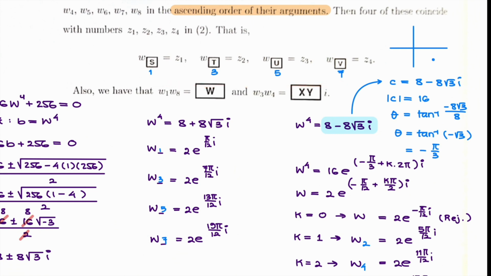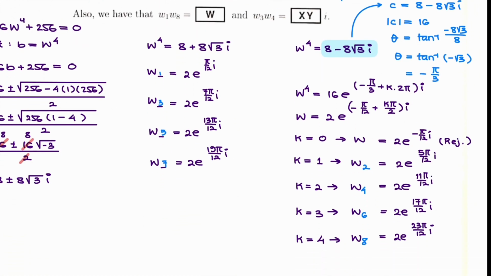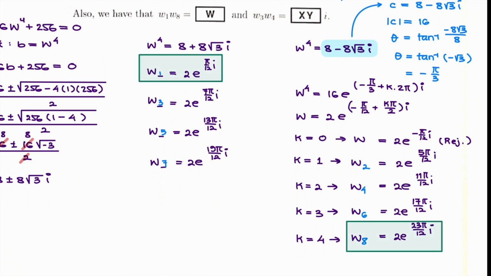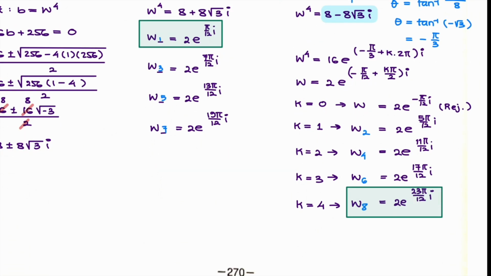And then for the final question, we have that W1 times W8 equals something. Since we already know W1 and W8, I think it is easy for us to calculate W1 times W8. W1 times W8 equals this one times this one. You will obtain 2e to the power of pi over 12 i times 2e to the power of 23 pi over 12 i.